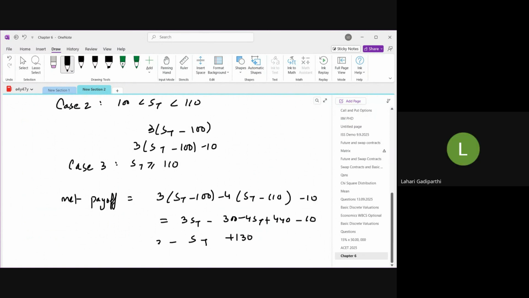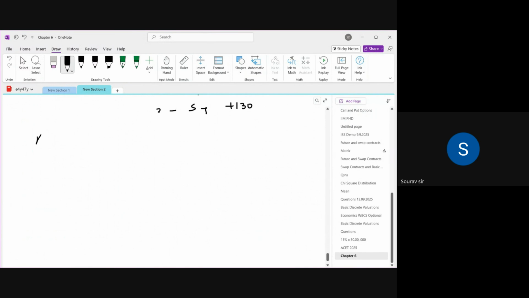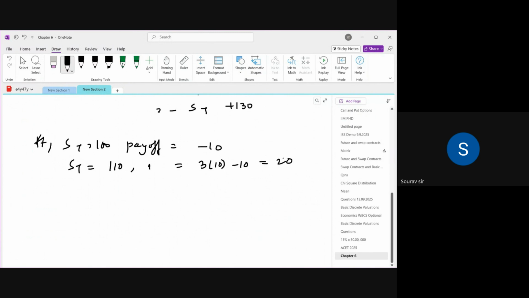So what is the maximum loss then? At ST 100, what was the payoff? Minus 10. At ST 110, what is the payoff? 3 times 10 minus 10. So that is 20. Beyond 110, the payoff is minus ST plus 130.